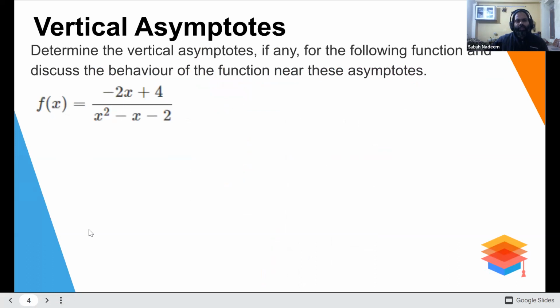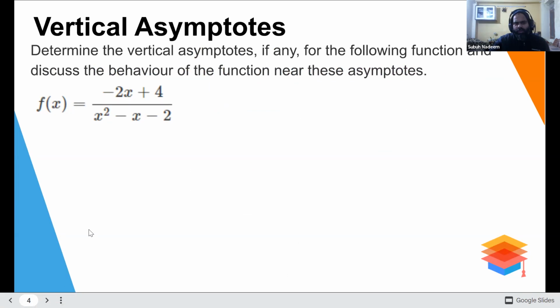Determine the vertical asymptotes, if any, for the following function and discuss the behavior of the function near these asymptotes. So, would you try this? Or should I first give you some hint? I'll try, sir.